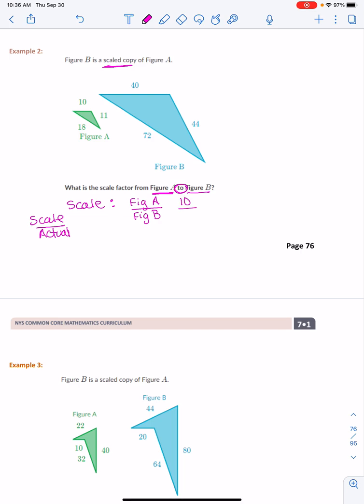Figure B is going to be 40. So that is going to be 1/4. So that is what they want the scale factor of. Now I realize that we want scale over actual, but in this case they want it the other way. So it's 1/4.